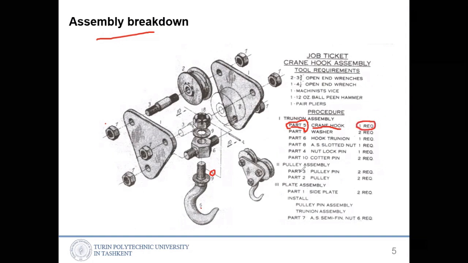But where is part number 3? Part number 3 is here, this one. This one requires the pulley pin, 2 items, like 2 components of the pulley pin are needed. So this is called assembly breakdown.